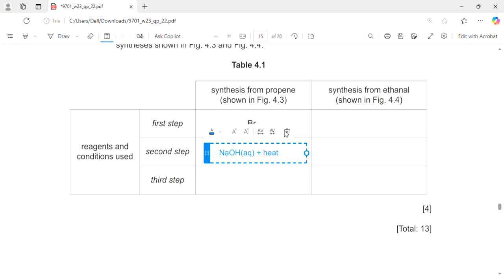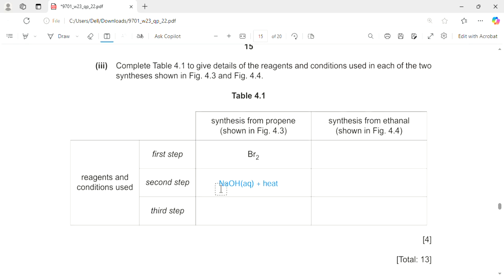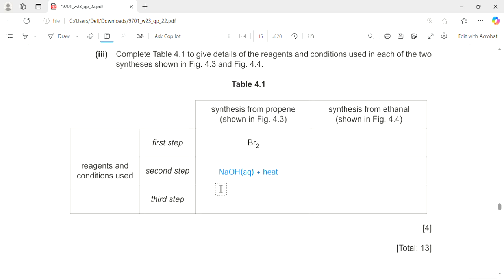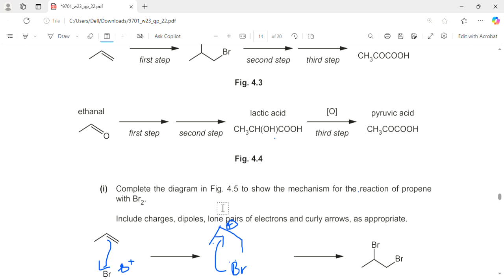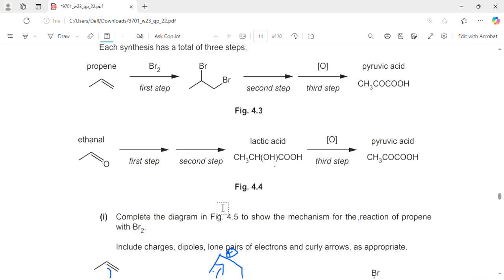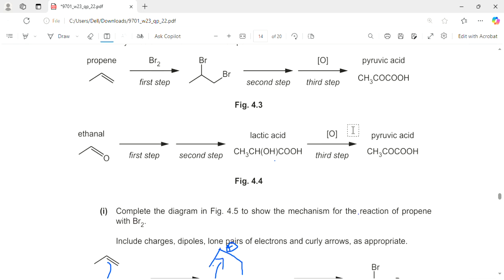And what about the third step? What is the third step? We see here the third step is clearly a ketone to the carboxylic acid.